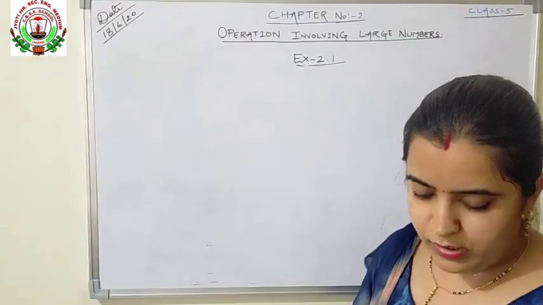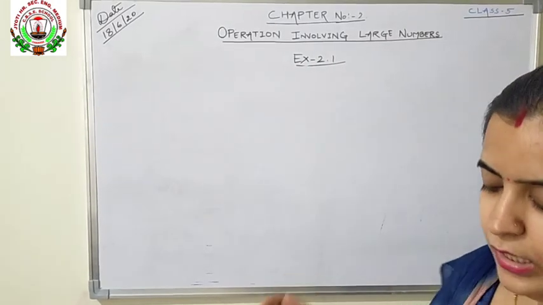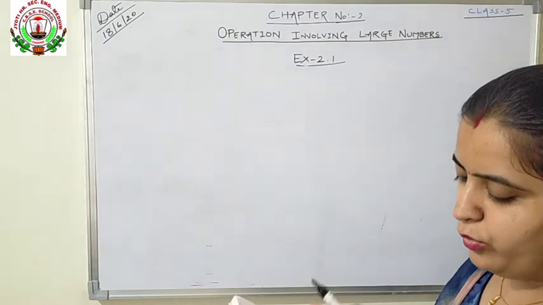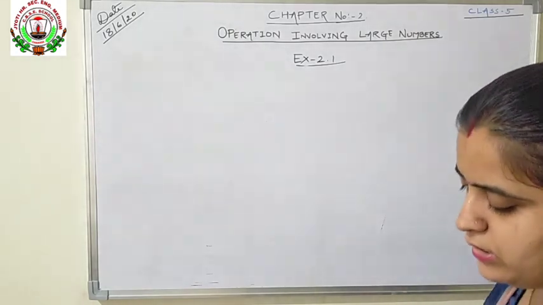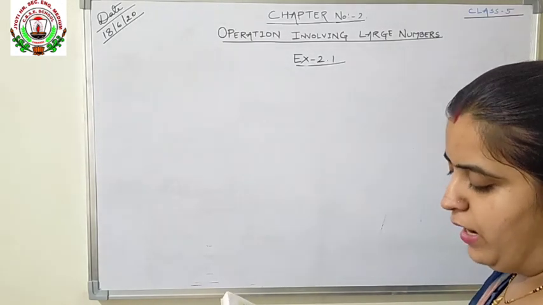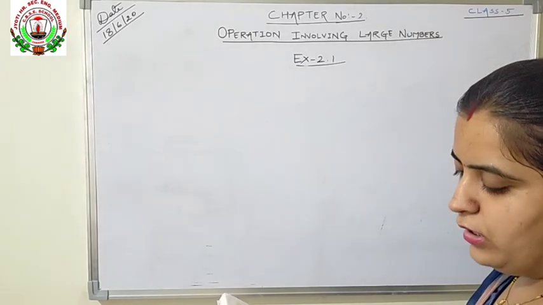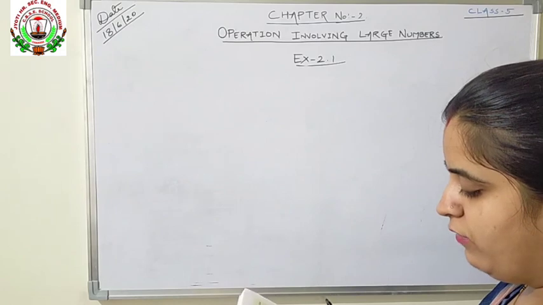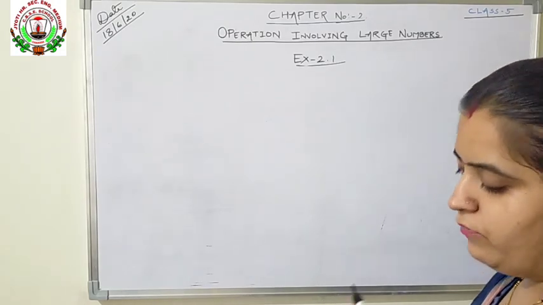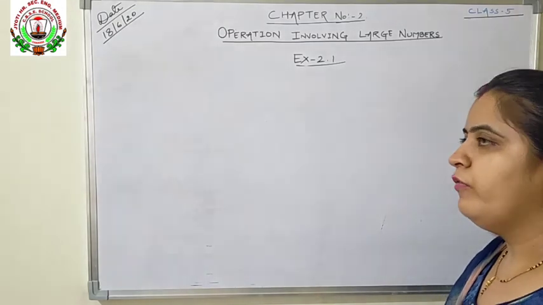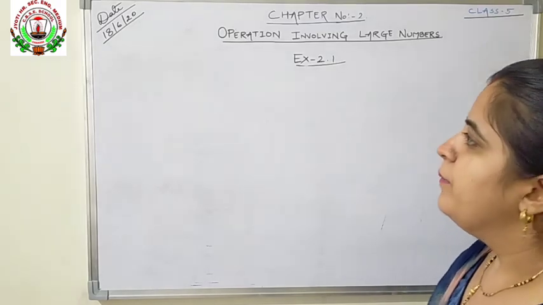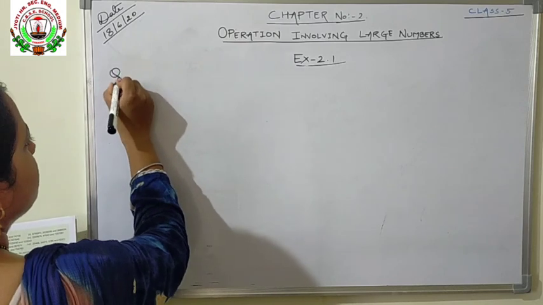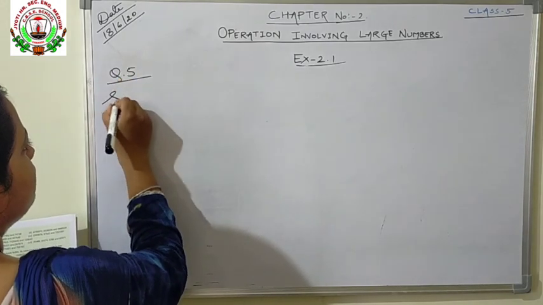Question number 5 is: in a town there are 2,50,754 men, 2,23,506 women, 3,60,576 children. Find the population of that town. You have to find the population of the town. I am not writing the question, I am writing the solution only. Here it is, question number 5, solution.